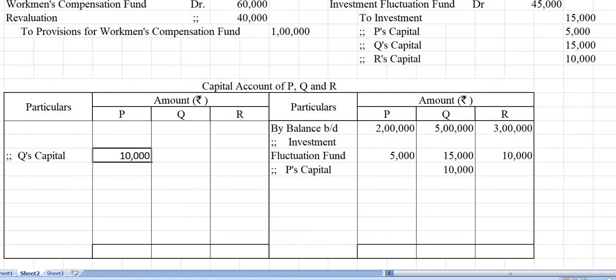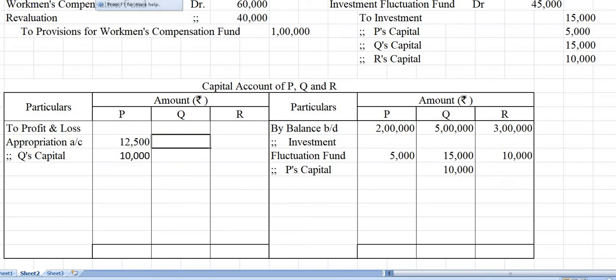Then next, in the balance sheet we have an accumulated loss. We can write here on the debit side of partners' capital accounts in their profit sharing ratio. So profit and loss appropriation account, in their old profit sharing ratio we will share 12,500, then 37,500 and 25,000.